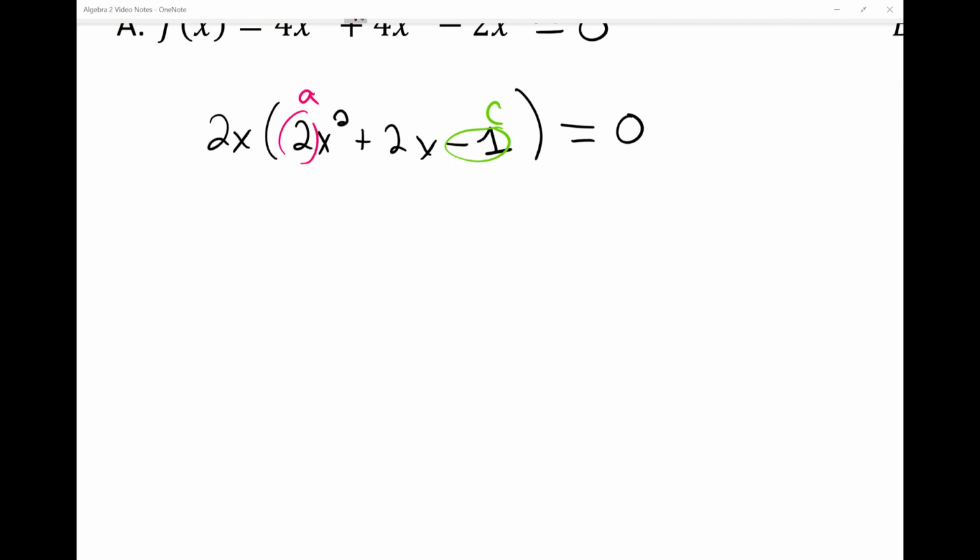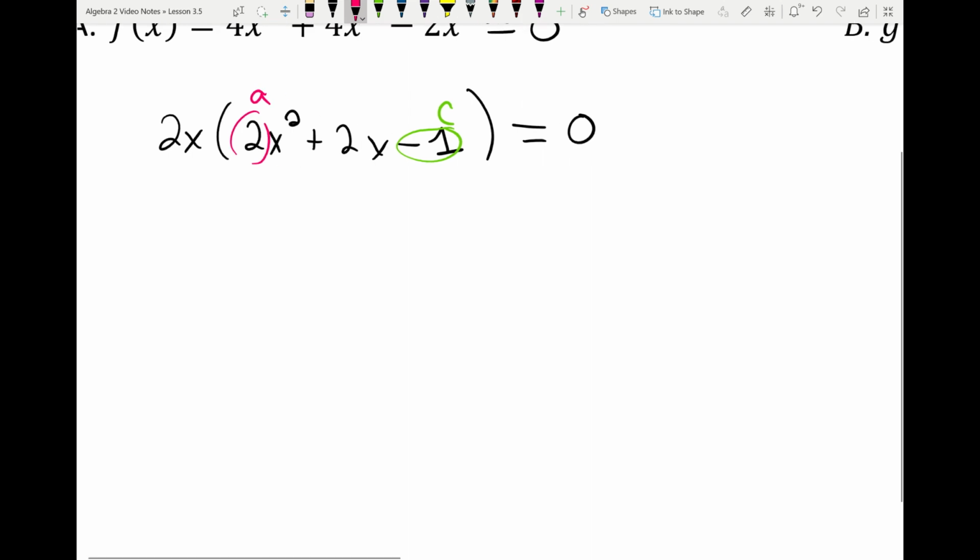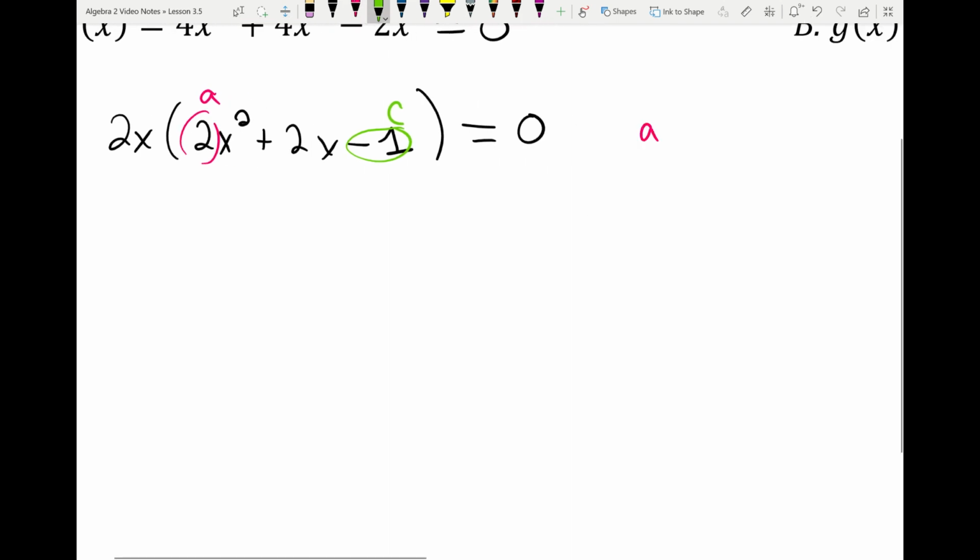Let me do it over here on the side. A times C equals 2 times -1, which is -2.